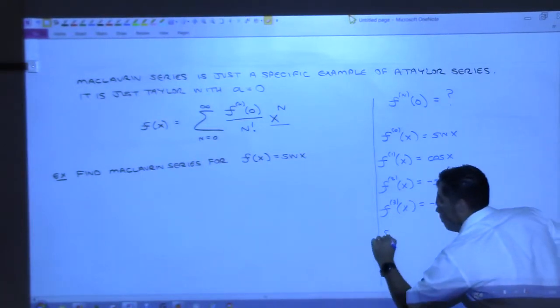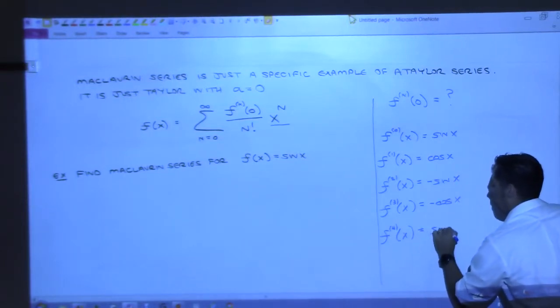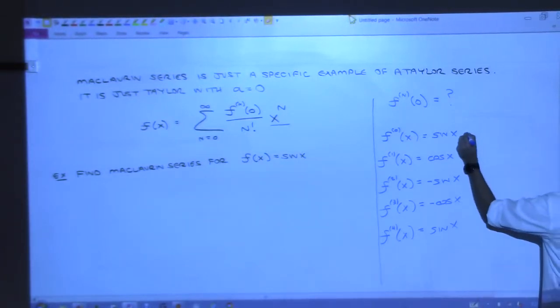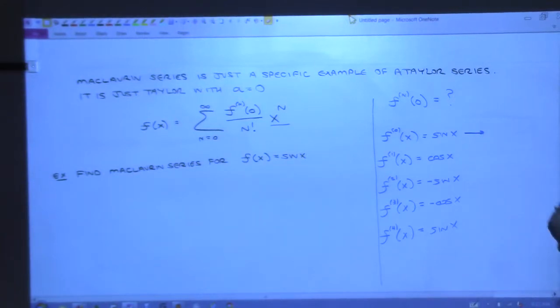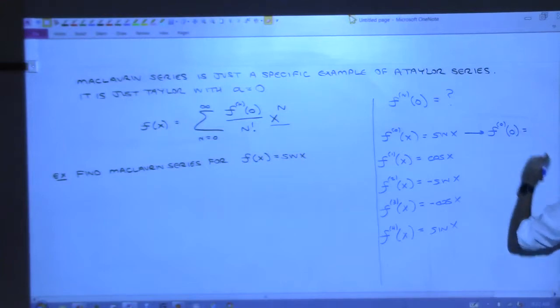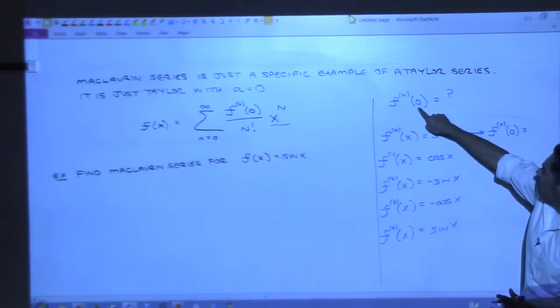What is the fourth derivative? Back to sine, right? And now the pattern is going to repeat: 0th derivative, first, second, third, fourth, fifth, sixth, seventh, right? Y'all okay with that? Okay, so tell me what I get now when I actually take the 0th derivative and plug 0 in. So first I took the derivatives. Now I'm going to see what happens when I plug 0 into them.